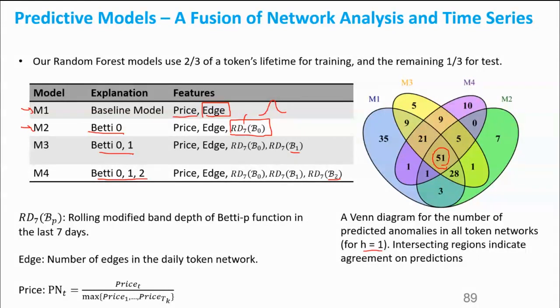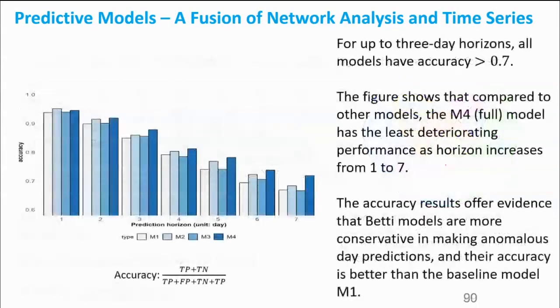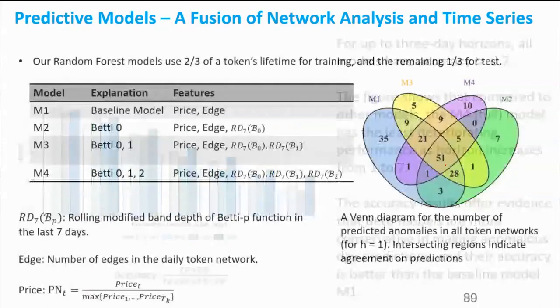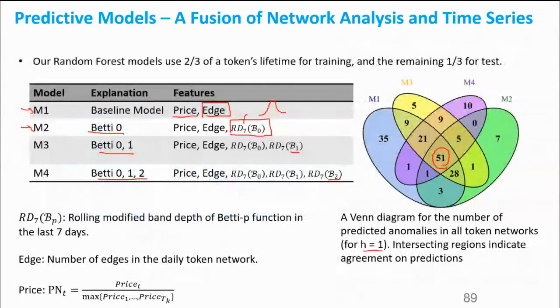In this case, for example, 51% of the models agree on one price anomaly. M1 actually creates 35 predictions that are not shared by the Betty models. And M2 creates 7 price anomalies that are not shared by the other models.